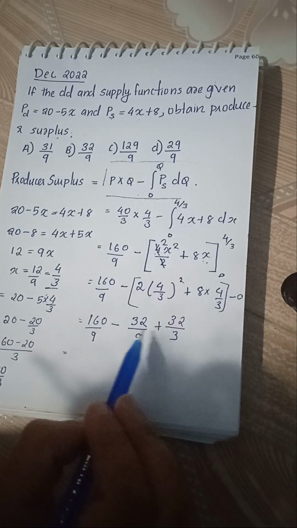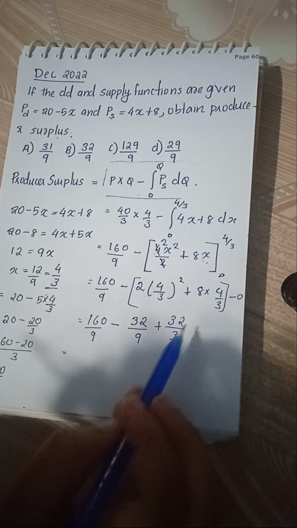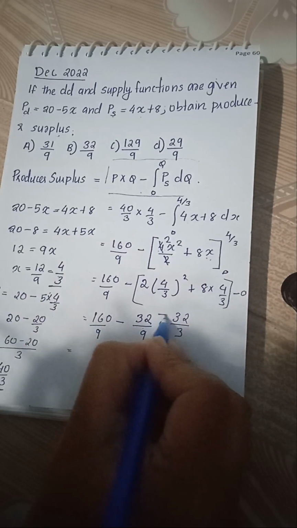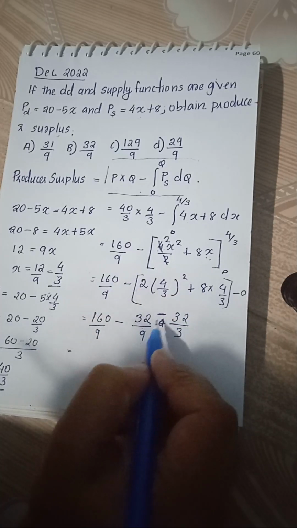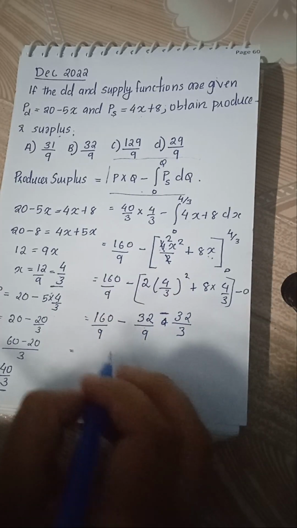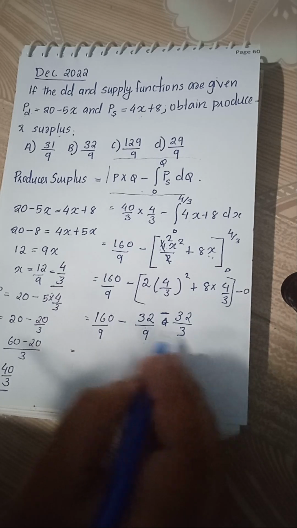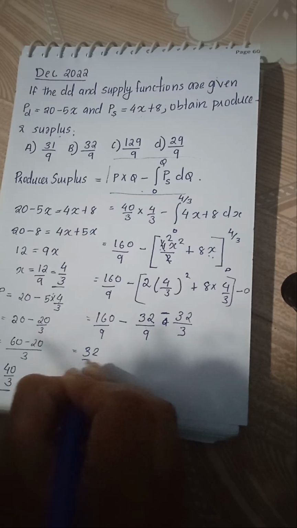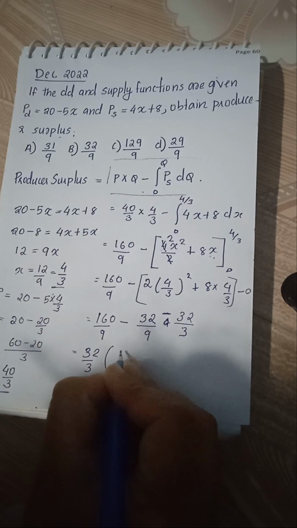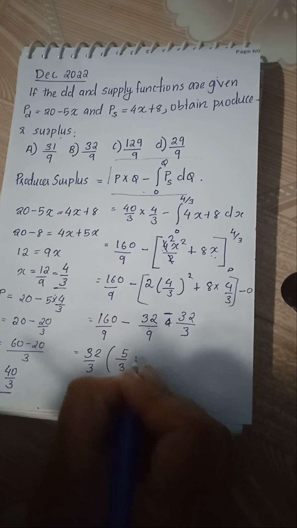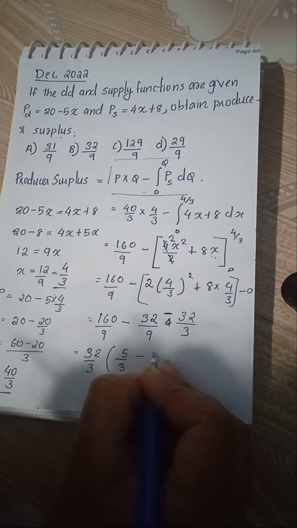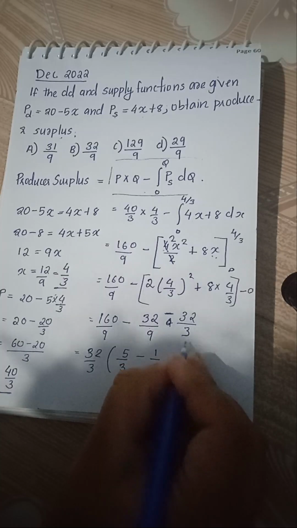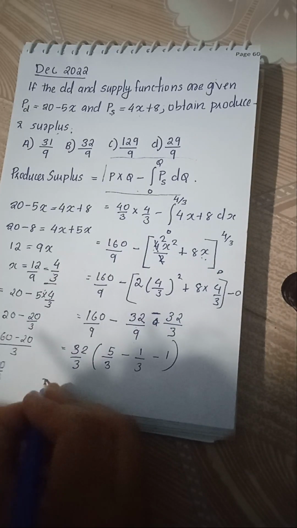Here we can say that 32 by 3 is common in these three terms. When we open the bracket, the plus sign will change to minus, and we can take 32 divided by 3 as common. So we get 32 divided by 3 into 5 by 3 minus 1 by 3 minus 1. Let's solve this.